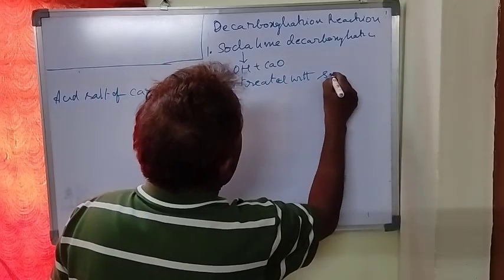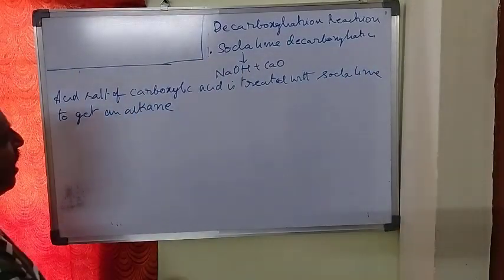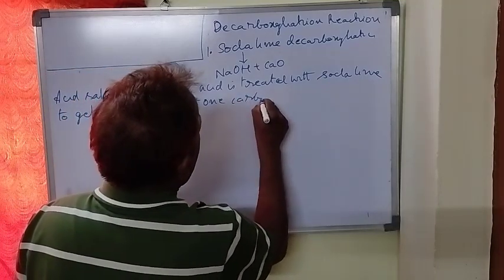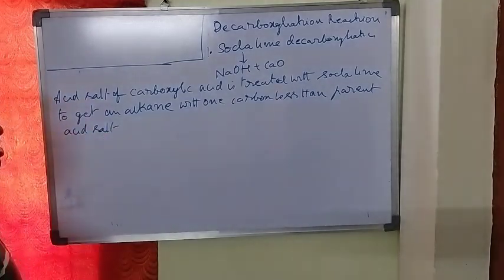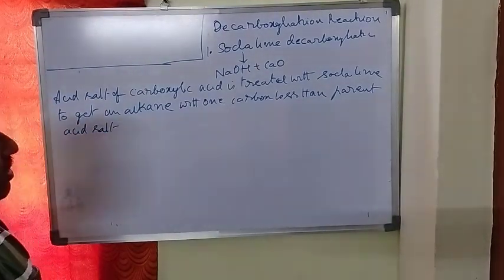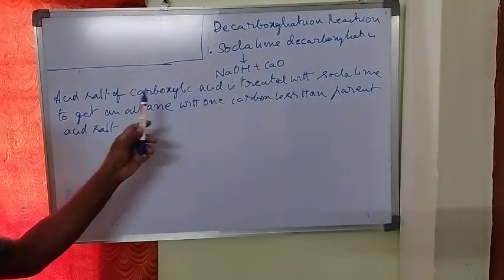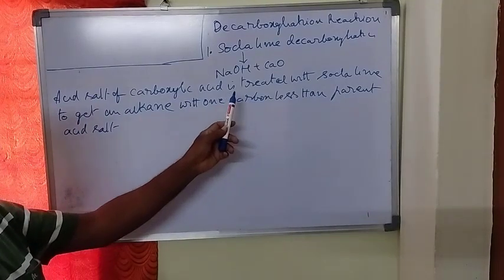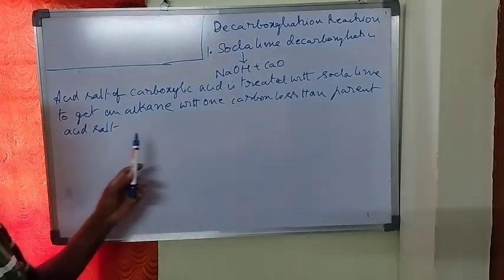So soda-lime decarboxylation means the sodium salt of a carboxylic acid is treated with soda lime to get an alkane with one carbon less than the parent salt.